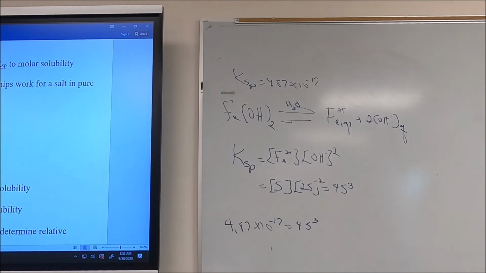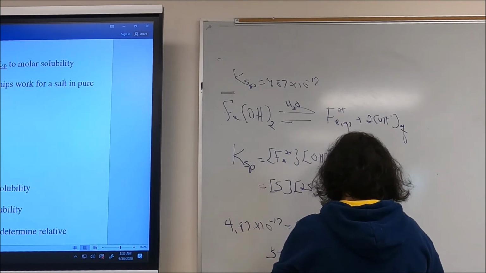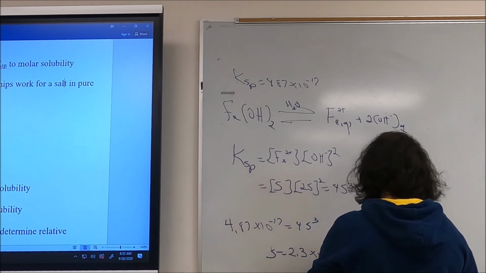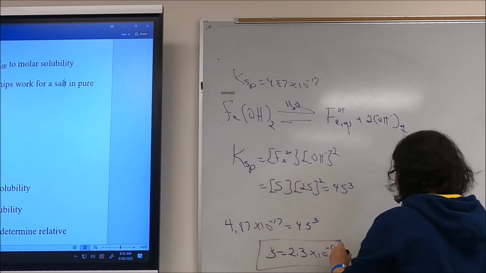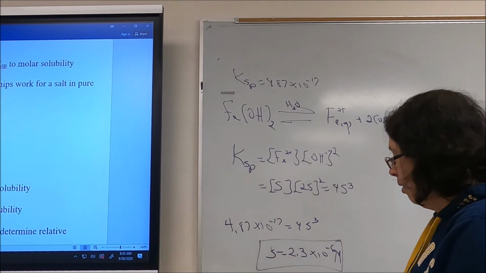Okay? So 4.87 EXP negative 17 divided by 4, and then I take the cube root, I get S to be 2.3 times 10 to the minus 6. And that would be molar. It's the molarity.